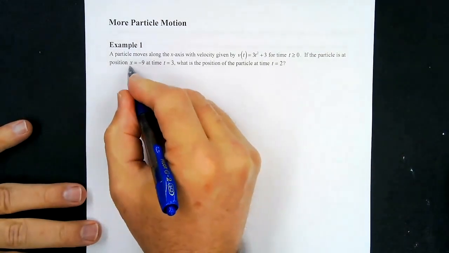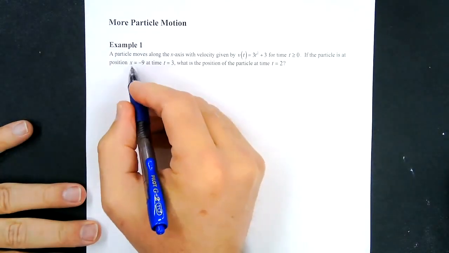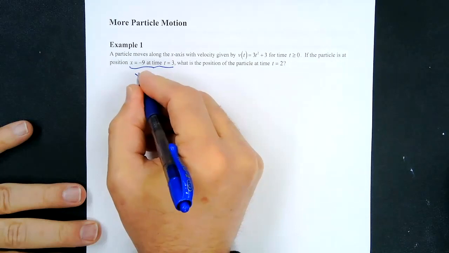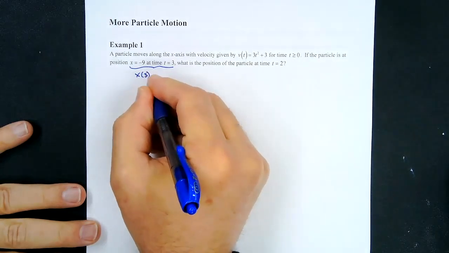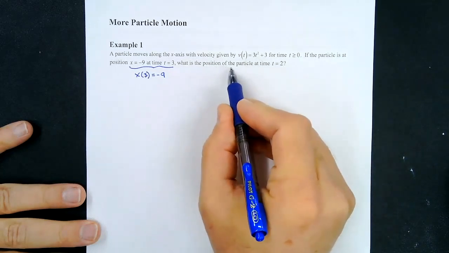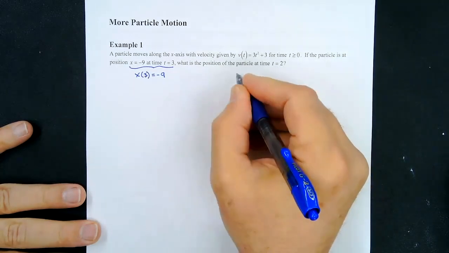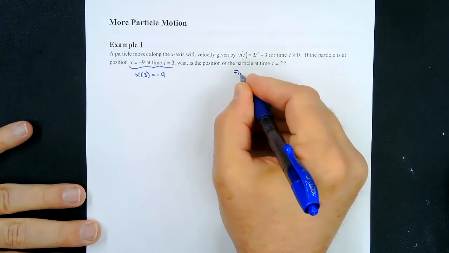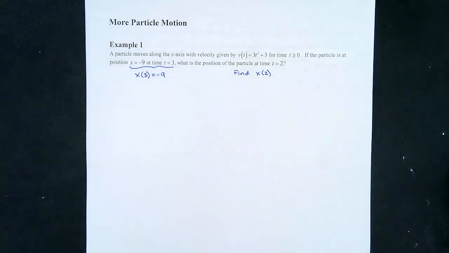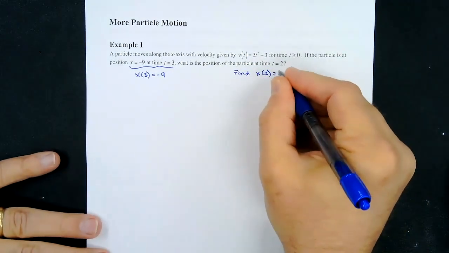Right here, what this is telling us is at t equals 3, x equals -9, that means x of 3 would equal -9. And we want to know the position at t equals 2, so we want to find x of 2. So that's the question. How do we find that?